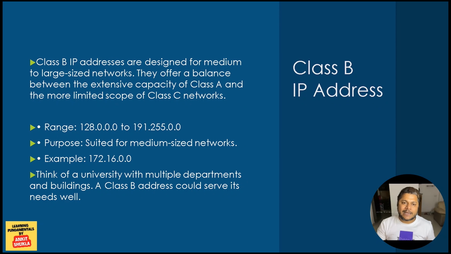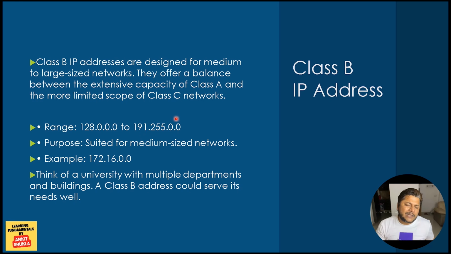Now we move on to Class B IP addresses. They are designed for medium-sized networks and offer a balance between the number of available networks and the number of hosts per network. Here's a detailed look at Class B IP addresses. They have a network range from 128.0.0.0 to 191.255.255.255.